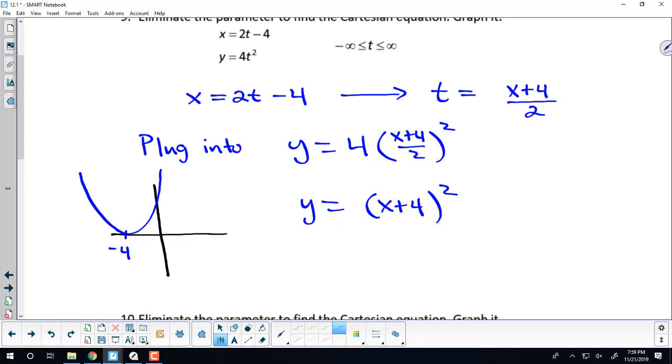And so which way would our arrows point? Would they be from right to left or from left to right? Not sure, right? Yeah, so if this were negative infinity, just think about plugging in a large negative number. If t is large and negative, x is large and negative.